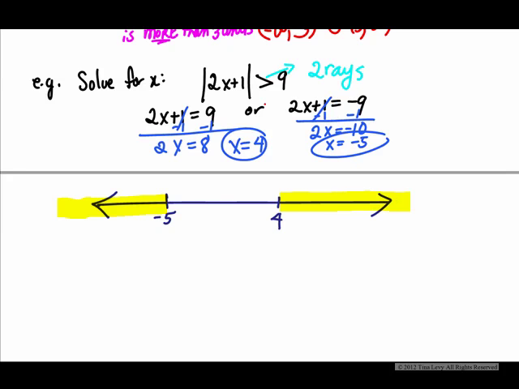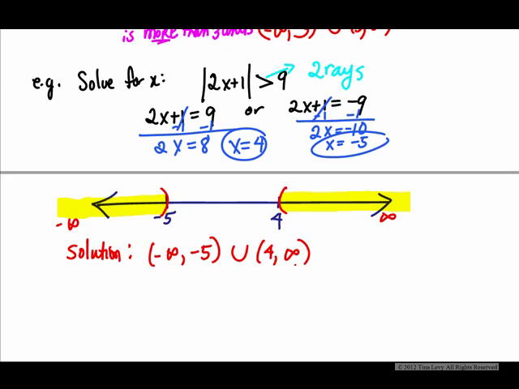Because it's strictly greater than, it doesn't include the two values. And now we write as our solution, writing from the number line from left to right. This first one is negative infinity to negative 5, and then we put the union sign because that's showing we have another solution, which is 4 all the way out to infinity. So that would be the solution of that absolute value inequality.